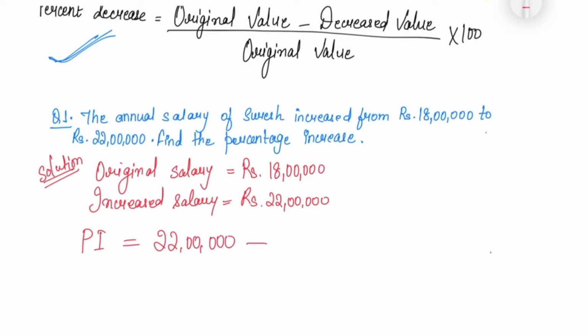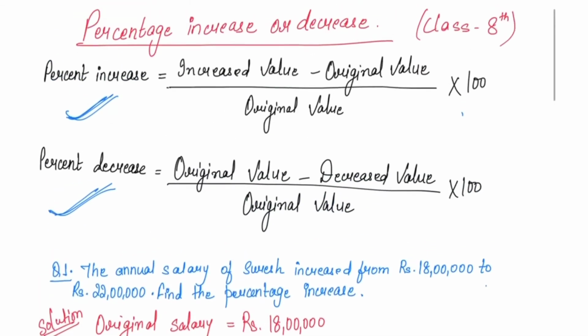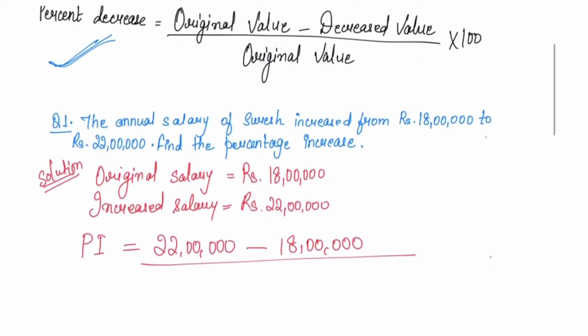Then we subtract the original salary, 18 lakhs. Then we divide it by the original value, as per the question, and the original value is 18 lakhs. Now we multiply it by 100.